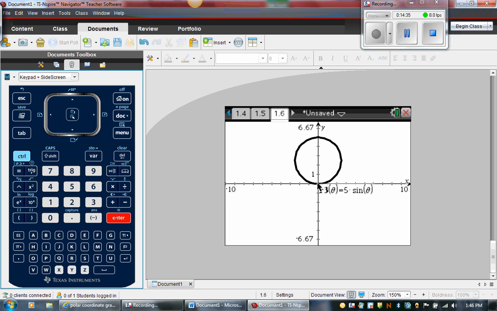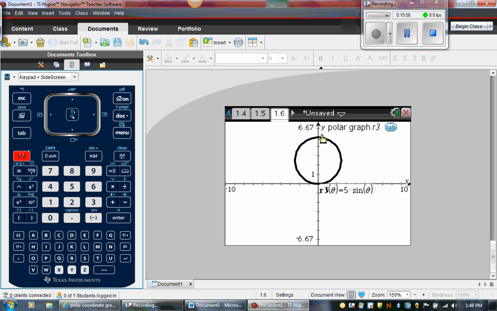Five sine of theta, you see it looks like that. It's a circle, but it's been shifted up. And how many has been shifted up? You'll notice actually that 1, 2, 3, 4, 5. It's now, instead of being centered at the origin, it's centered so that the top of the edge is on the 5.